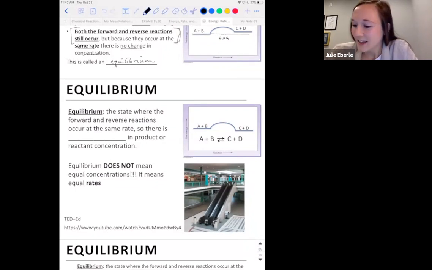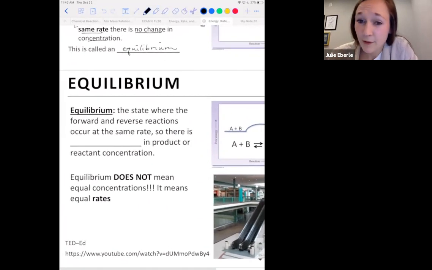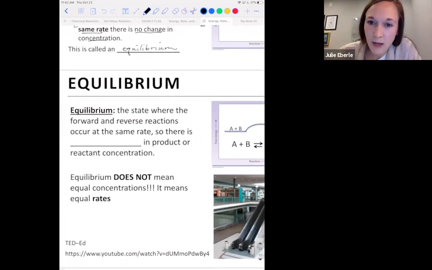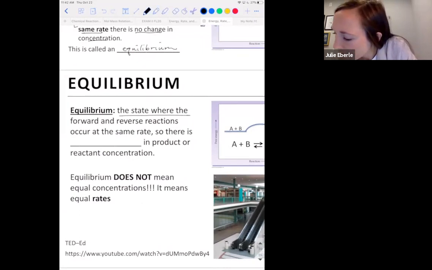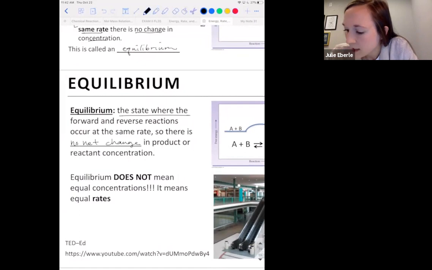Yeah. Okay. Equilibrium. Here's the for-sure definition if you want it. You know me, I don't just give you vocabulary definitions on the exam, but it's a state where the forward and reverse reactions occur at the same rate. So there is no net change in the product or the reactant concentration.